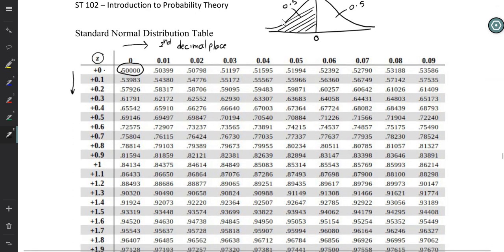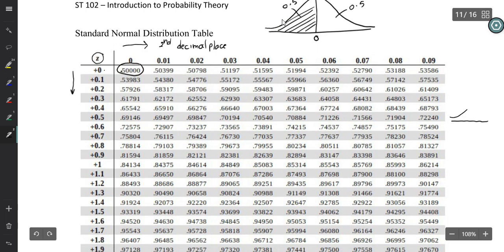Let's try another one. I have the z-score somewhere here, which is 1.23. My z-score is positive 1.23. How do you find it? You read 1.2 from the first column. See, here's 1.2.